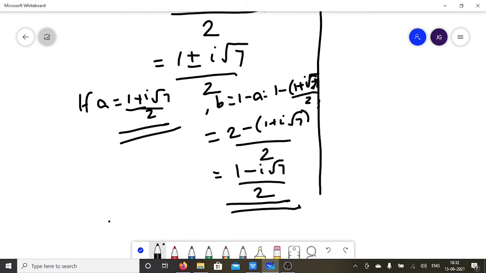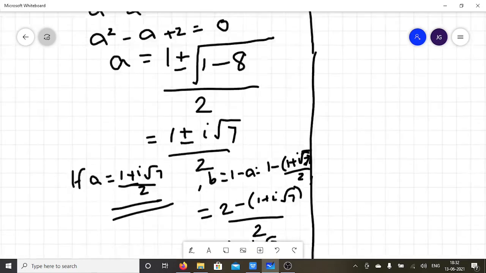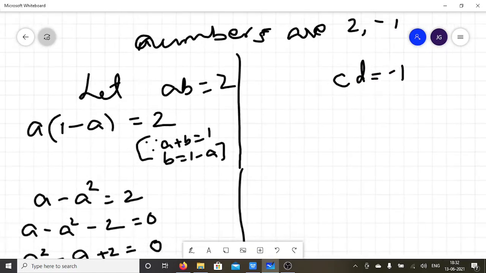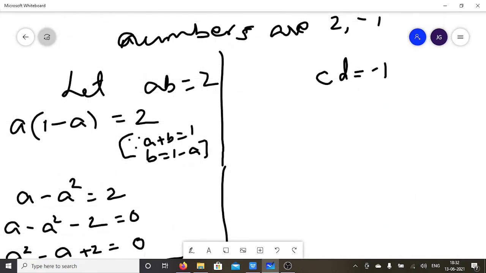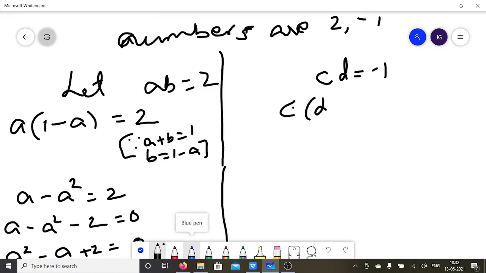Now we have CD equal to minus 1, that is C into D, where D is equal to 1 minus C, since C plus D is equal to 1.